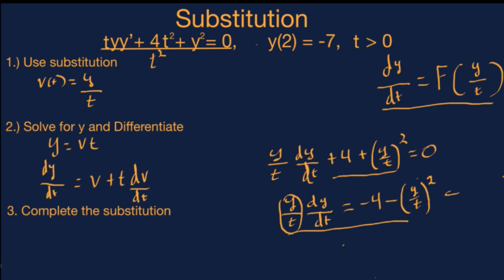And so when we complete the substitution, our equation becomes v times v plus t times the derivative of v with respect to t is equal to negative 4 minus v squared.